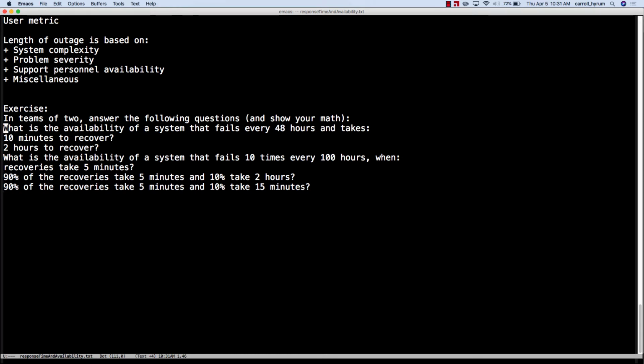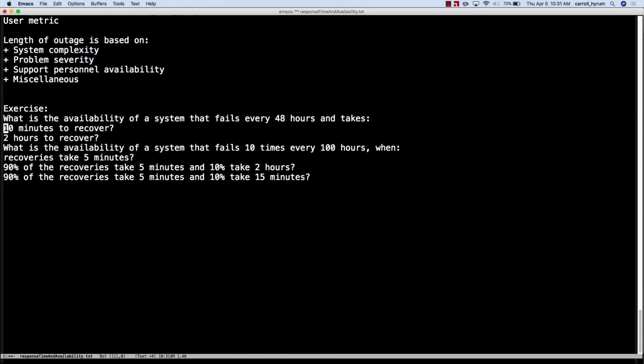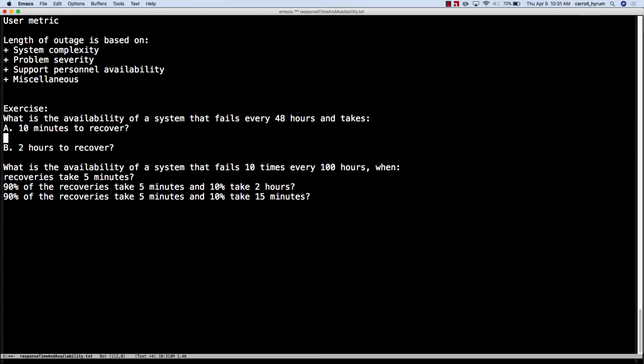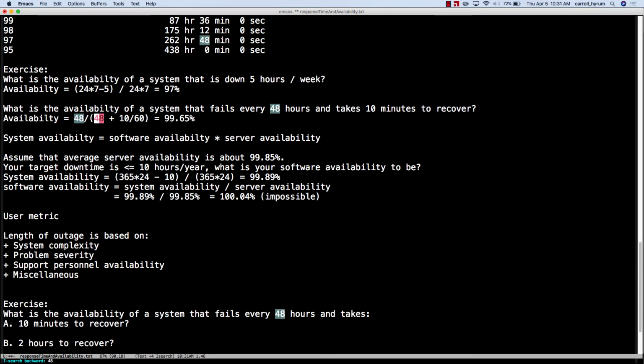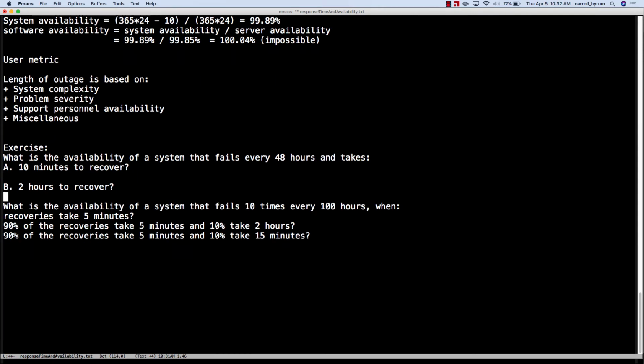Okay, let's just document this. Okay, so we've done this one before. It was 48 hours. So we have our uptime is 48 hours, downtime is 48 hours, plus 10 minutes recovery.